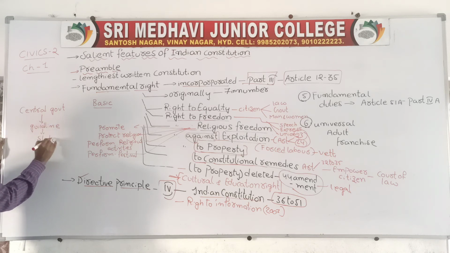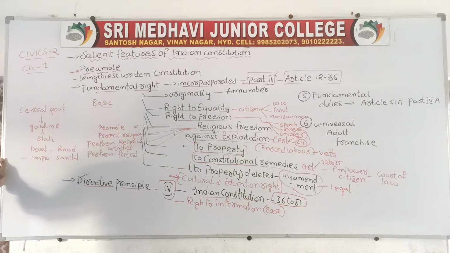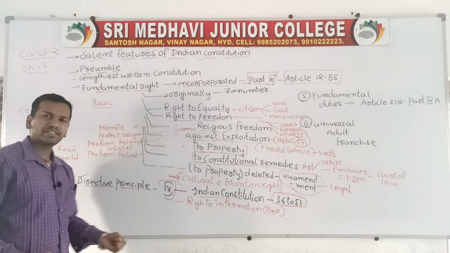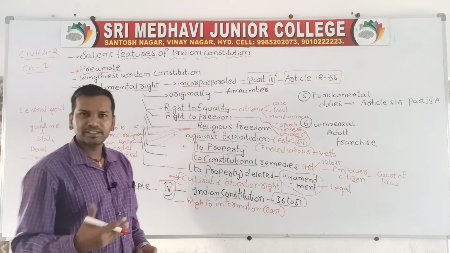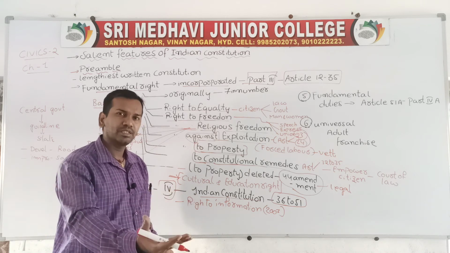What are the guidelines? First one, developing roads. This is one guideline. Improving sanitation is another. In states, what things are very important to develop? We need roads, electricity, schools, colleges, small scale industries, cottage industries.